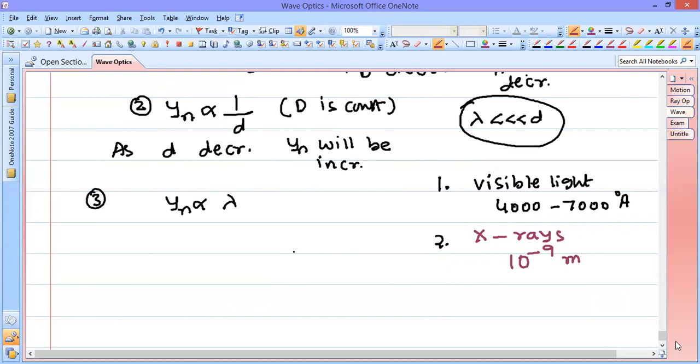Can we take gamma rays? You can take gamma, anything. No problem. Suppose gamma, 10 power minus 9 meter means approximately 0.1 angstrom.